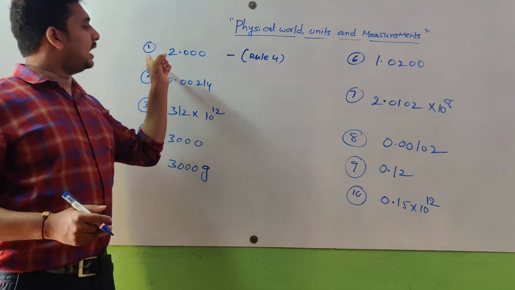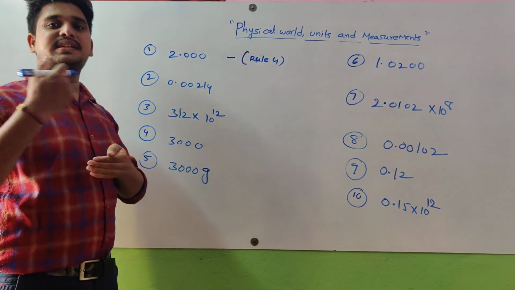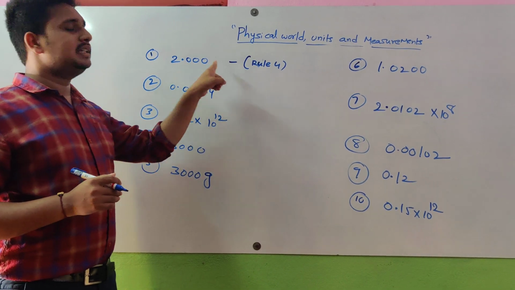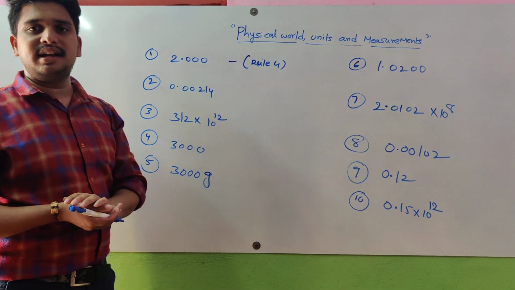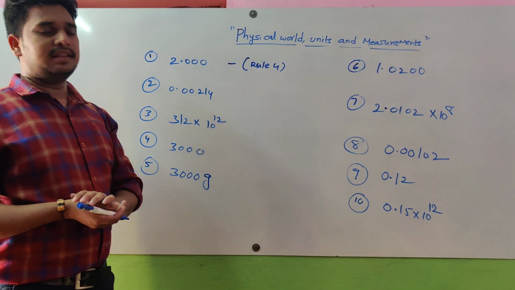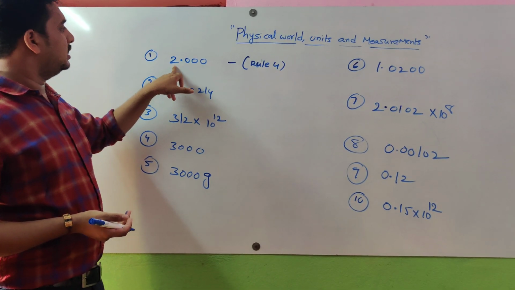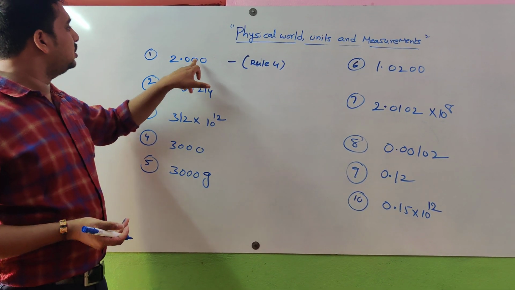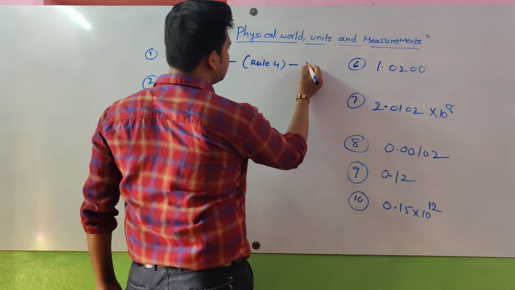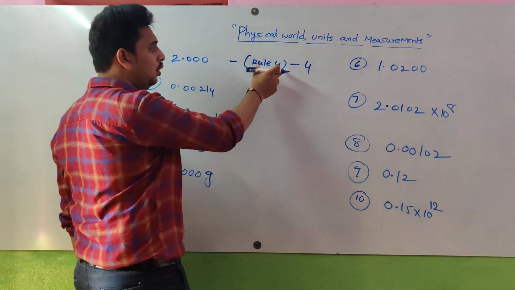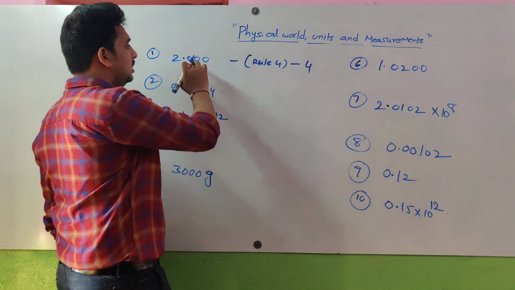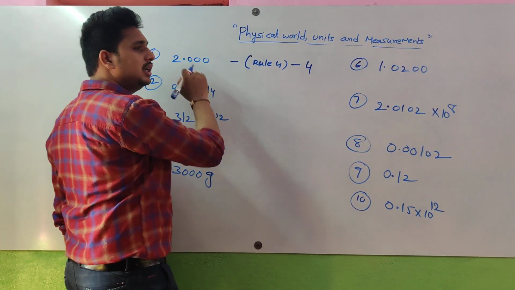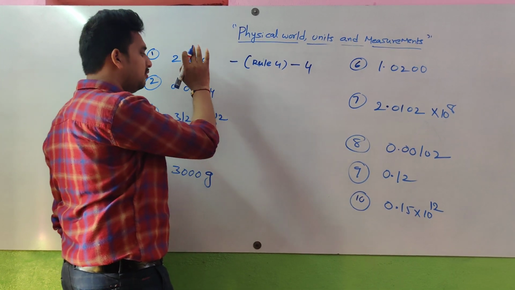All zeros right side of this number or left side of this number can be considered as significant figures. That means 2 is one significant figure. Here 000 is also significant figures. Then 1, 2, 3, 4. Number of significant figures is 4 according to rule 4. Because whenever the number is greater than 1, after decimal zeros are also considered as significant figures.